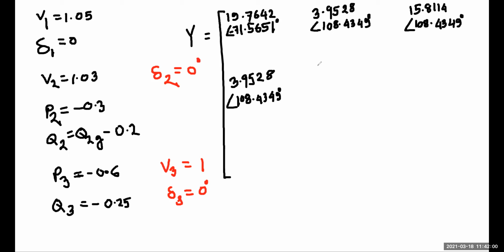Now Y22 will be this one, 9.2233, and the angle is minus 71.5651 degree. This is Y23. Y23 is 5.2705, and the angle will be 108.49.